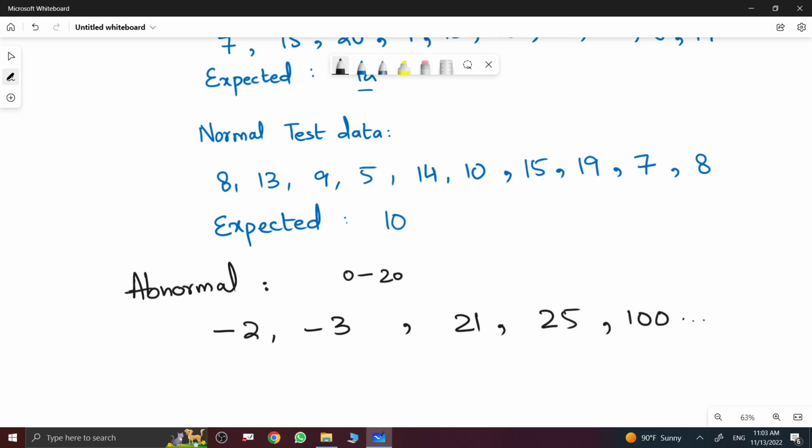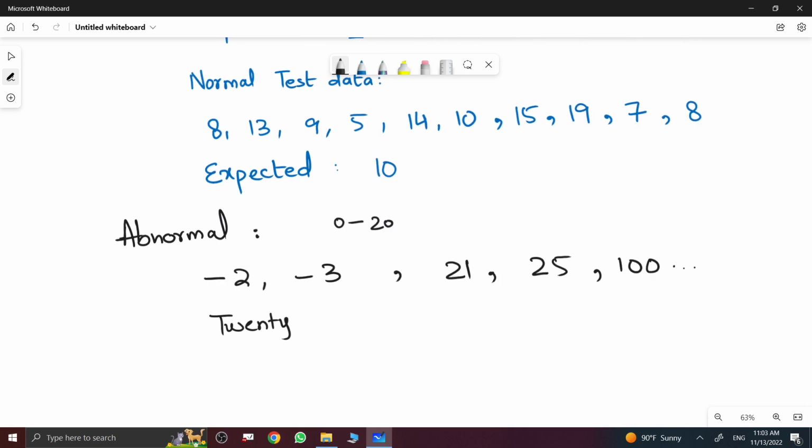Other than that, any string, let's suppose you write down 23, or even if you write 20, 20 is in your range, but since it is written as a string, it will not be accepted. And any decimal value, 12.7, will never be accepted by the system.